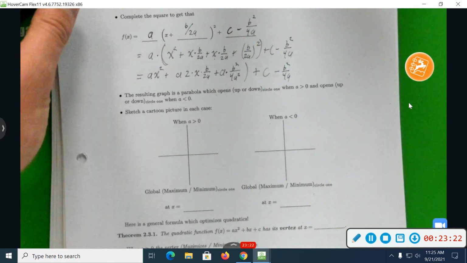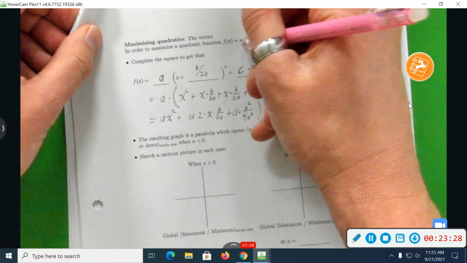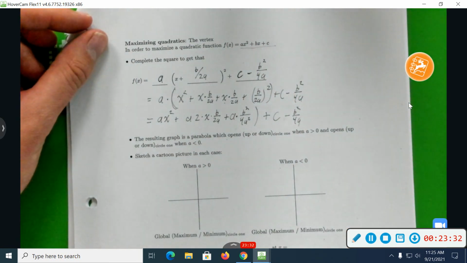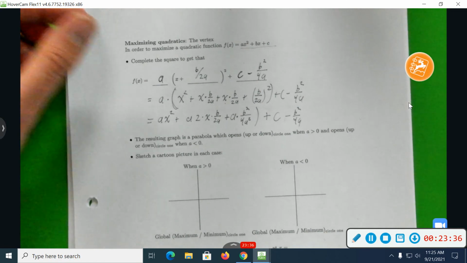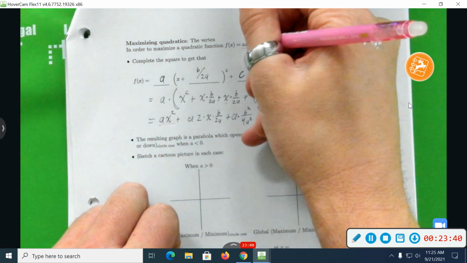And now I think we can just do some things really quickly. So there's the thing that I needed it to be. Do you see an ax squared? I hope so. So that's good. There's my ax squared.